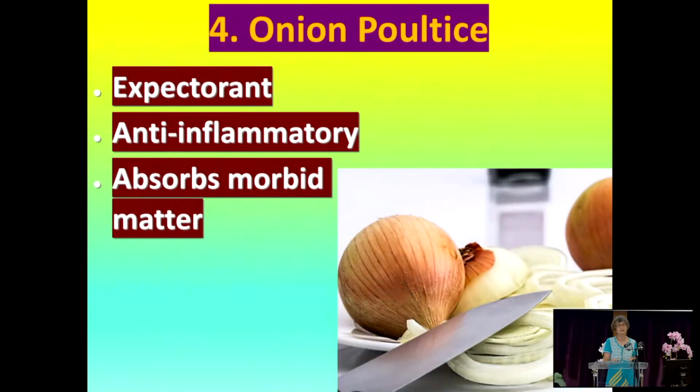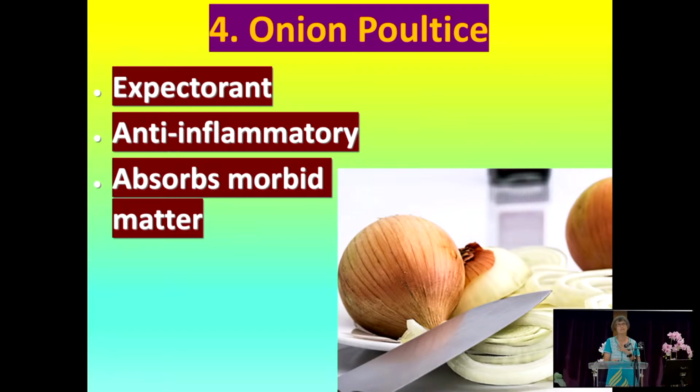Okay, so the next one is the onion poultice. Onion is an expectorant. That means that it helps you to break up the mucus and help to get discharge the mucus.